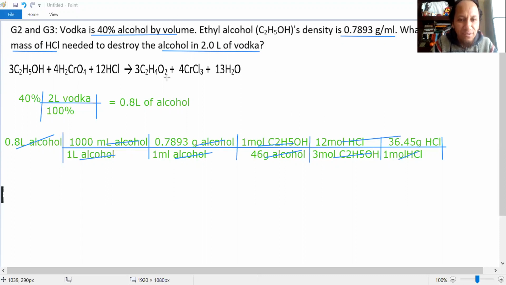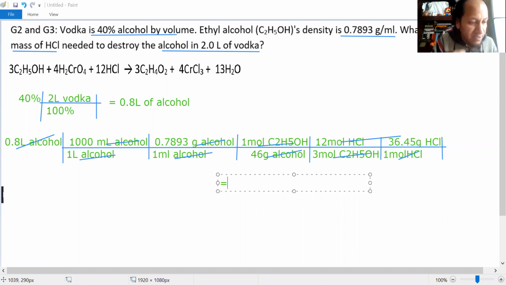At the end, what's going to be the answer is: 0.8 times 1,000 times 0.7893 times 12 times 36.45, all of that divided by open parentheses 46 times 3 close parentheses, right?